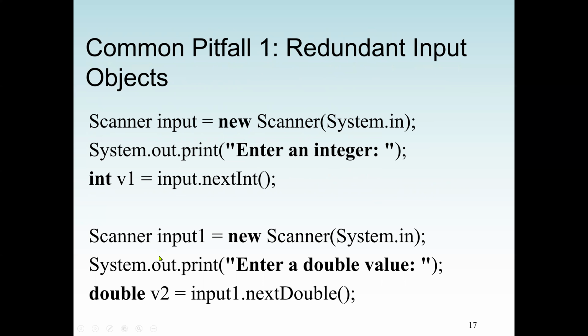Then we create another scanner object input1 because we are using double, and this is an error. For the Scanner class, it doesn't matter what data type you use. What matters is the method that you use to extract it. If it's int, I'll use nextInt. If it's double, I'll use nextDouble.